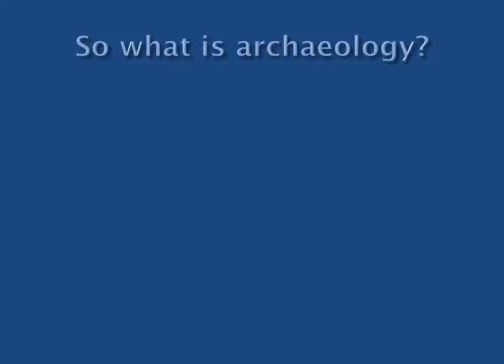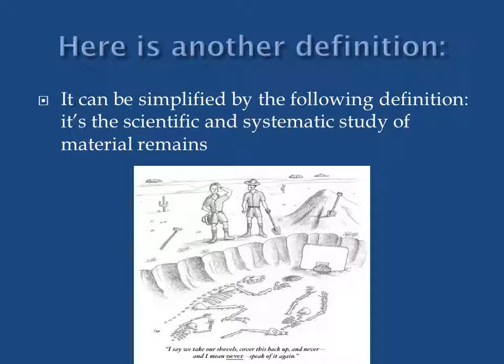So what is archaeology? It can be simplified by the following definition. It's the scientific and systematic study of material remains. And as you can see, hopefully you'll find the humor in this cartoon. Again, I have been known to put them on midterms and finals.